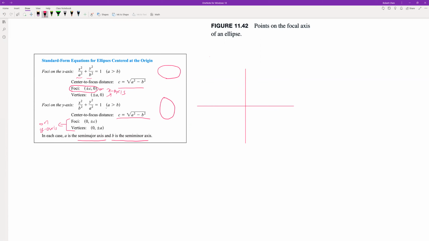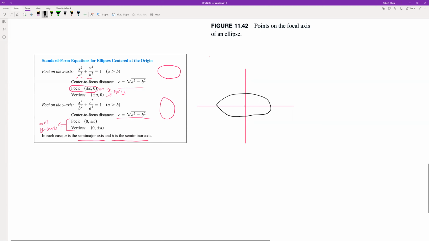All right, so let's give a rough sketch. Let's say this is my ellipse. Okay, that's really bad, but that's okay. So we can see that this ellipse is horizontal. It's longer in the horizontal direction and shorter in the vertical direction.